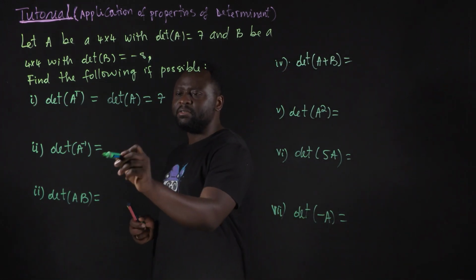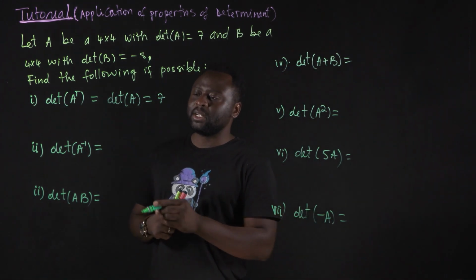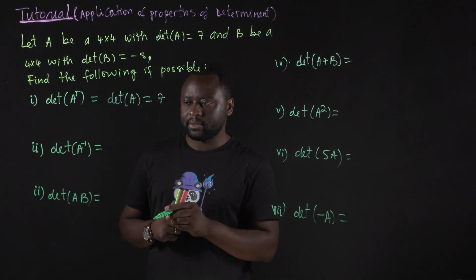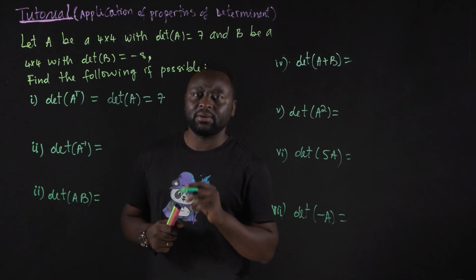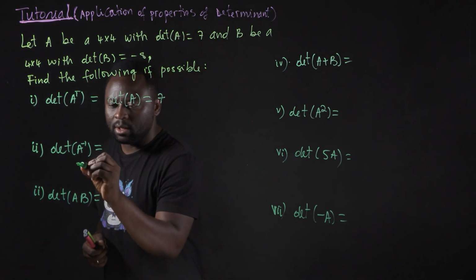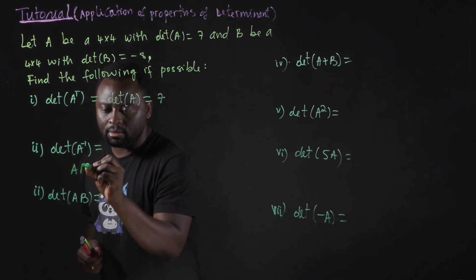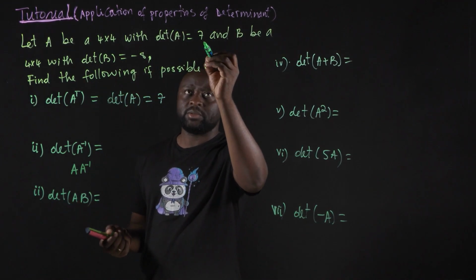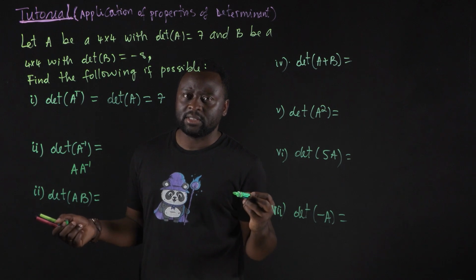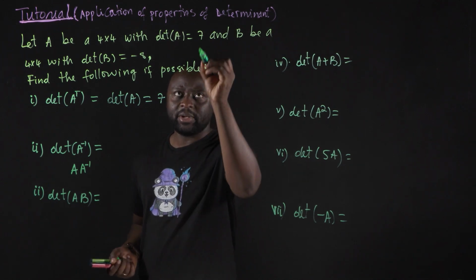Now, if you have the inverse of a matrix, what's the determinant of the inverse of A? We know that the determinant of A is equal to 7, right? The inverse of A exists, of course it's invertible. We don't need to show this because the determinant is non-zero, right? The determinant is equal to 7.